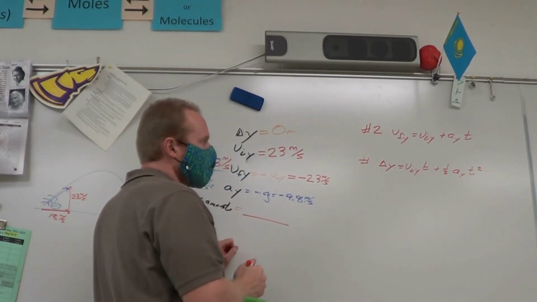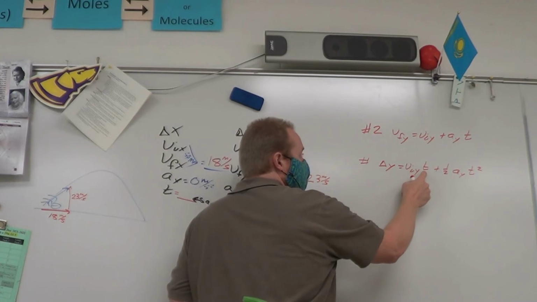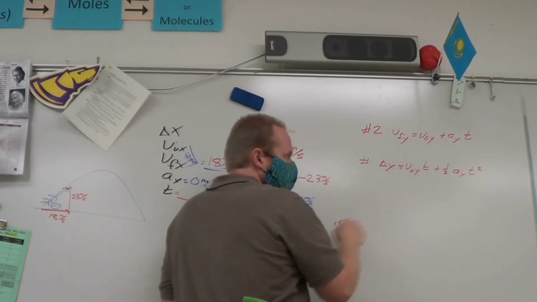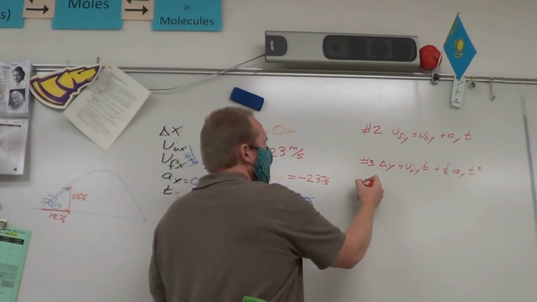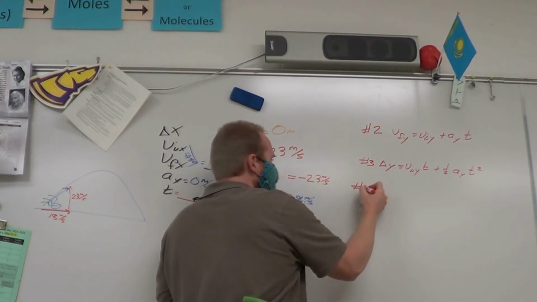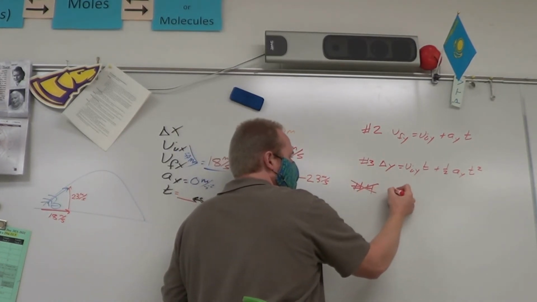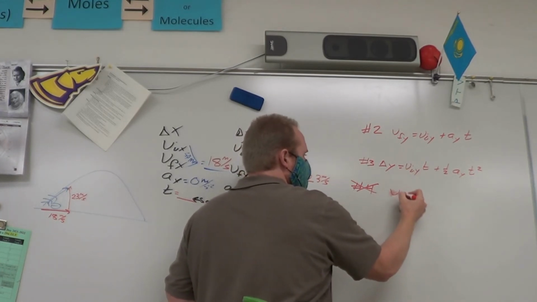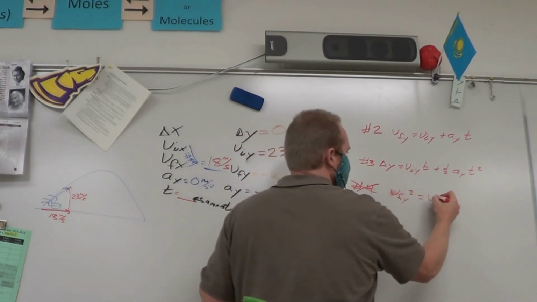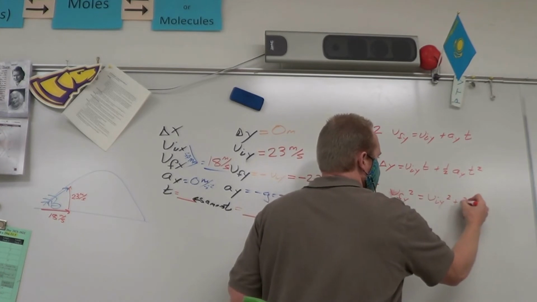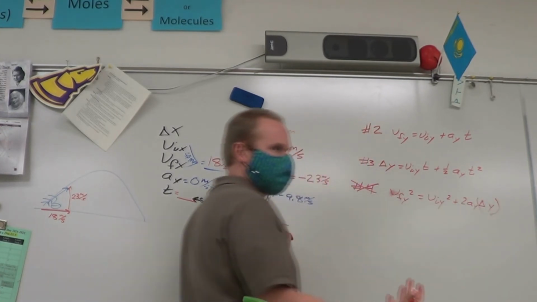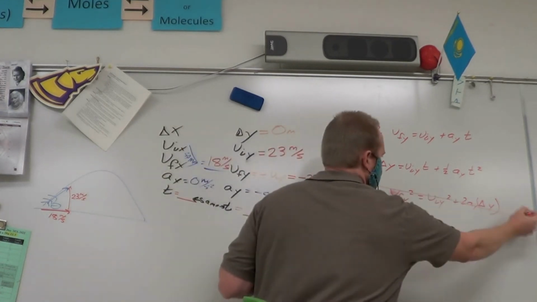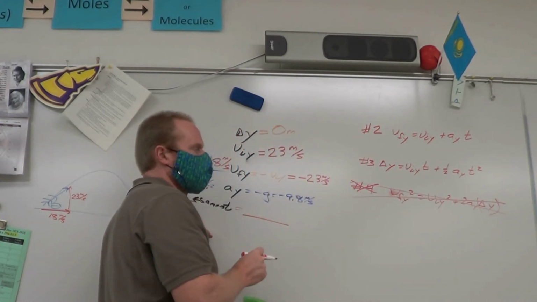We could use that, because it has the T that we're looking for. I'll talk about number 3 in a second. Number 4 is not a good one because, I'll show you, VFY squared is equal to VIY squared plus 2AY times delta y. There is no T, right? There's no T, so 4 is a loser. I mean, didn't win.